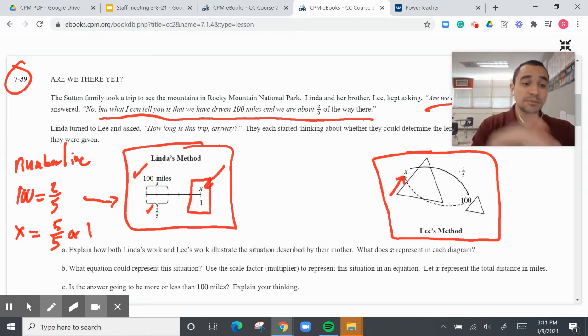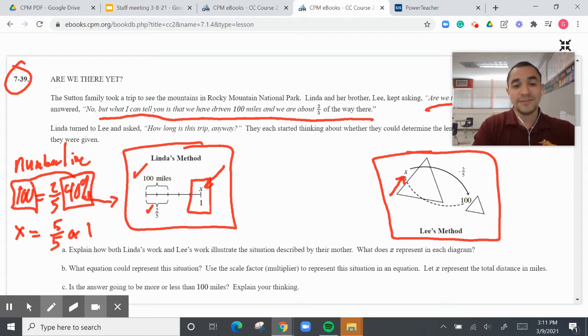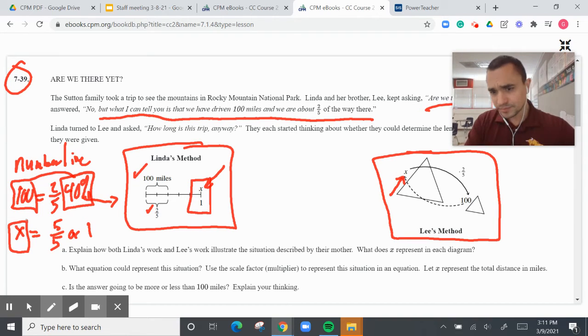You can also look at it as percent. So 2/5 is 20, 40, 60, 40%. So if 40% is 100, I could use my proportion to figure out what x is in one way. Here, they have this x, and they times it by 2/5 to get 100.